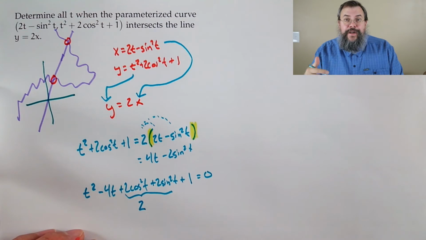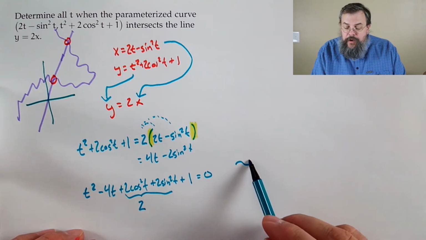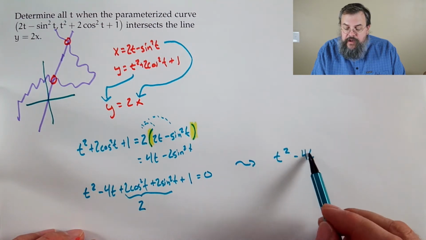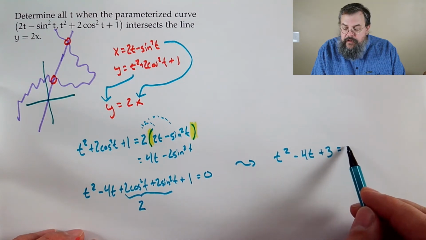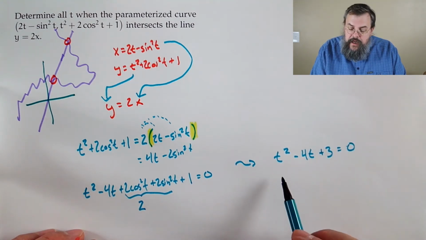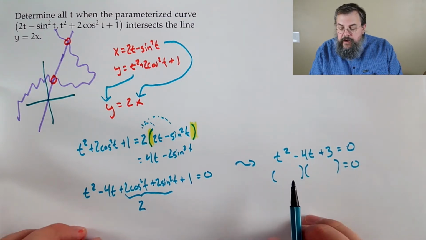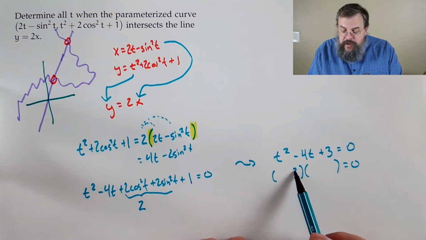Because cosine squared plus sine squared equals 1, and then there's a factor of 2, it becomes 2. So we say, okay, we really need the following: t squared minus 4t, 2 and 1 makes 3, equals 0. Well, that looks like it'll factor. And if it does, there's only one way it could, because 3 only breaks up as 3 and 1.